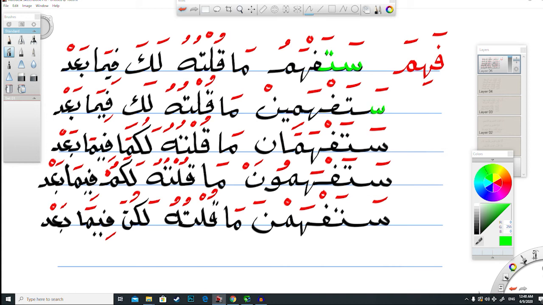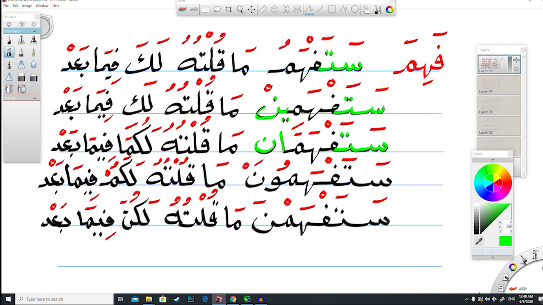Here we added sa and ta. Then we added ya and nun. ستفهمين. I'll leave the root in black. Here we added sin and ta, and then we added alif and nun.